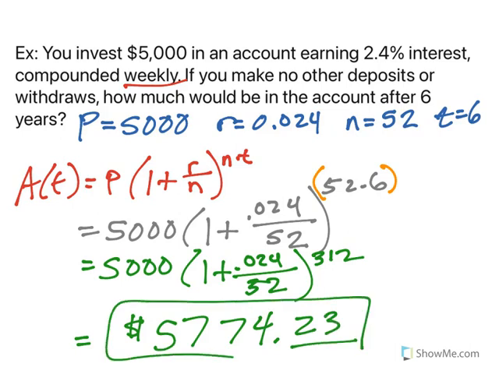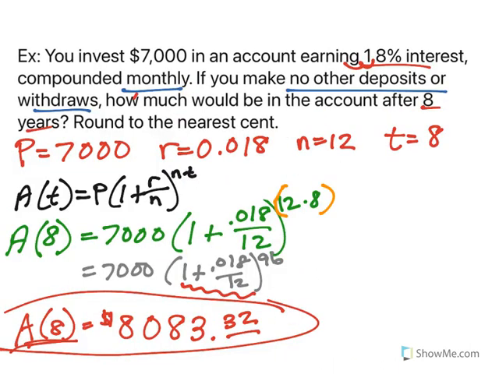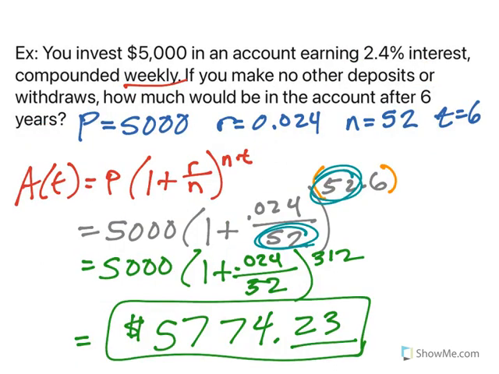So that is how you would compound weekly. I really just wanted to show the difference between weekly, where we have 52 right here, versus monthly, which gives us the 12. So it really makes sense to make sure you're reading carefully how we're compounding and how that changes your value of n.